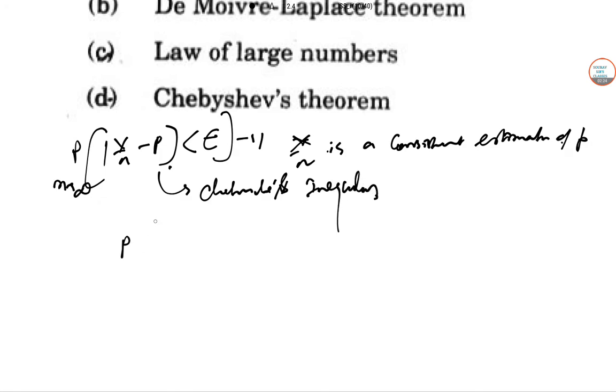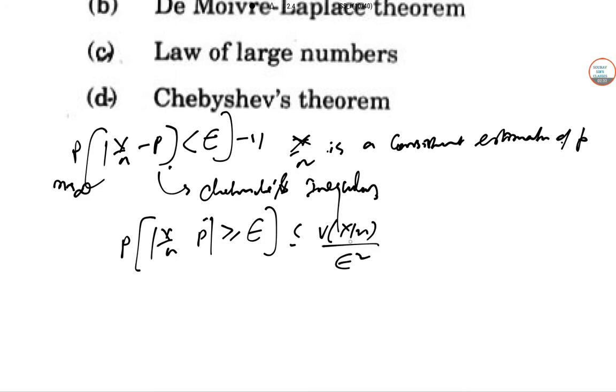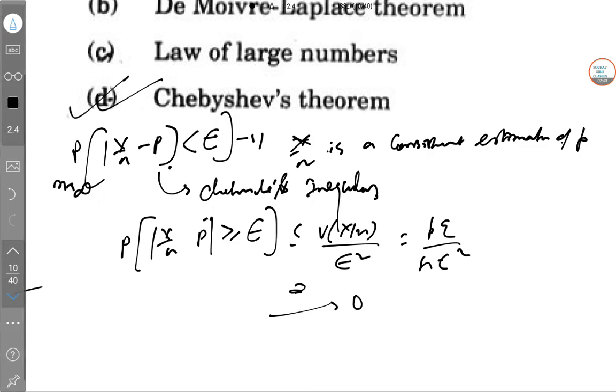So we have the probability of X by n minus p greater than or equal to epsilon is less than the variance of X by n over epsilon square. In the very next line, this is pq over n epsilon square, which tends to 0. So obviously Chebyshev's theorem is being applied. Option D is the correct answer.